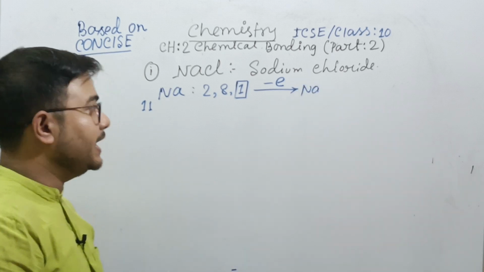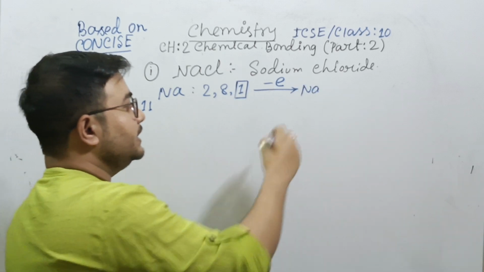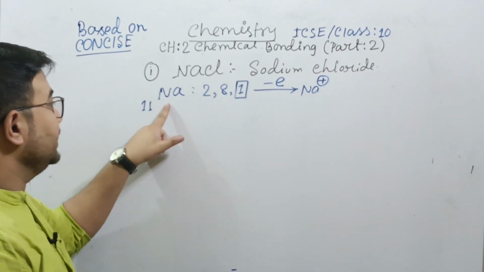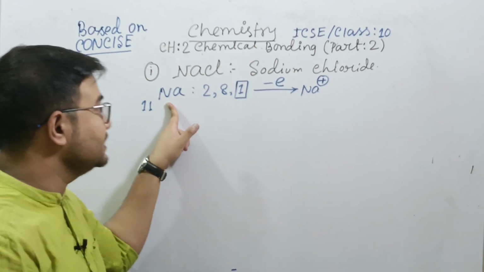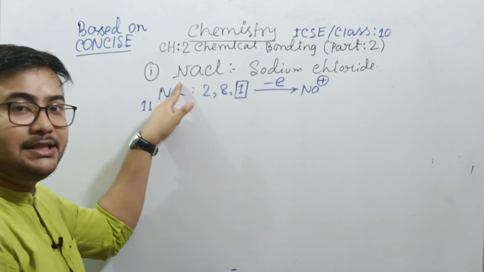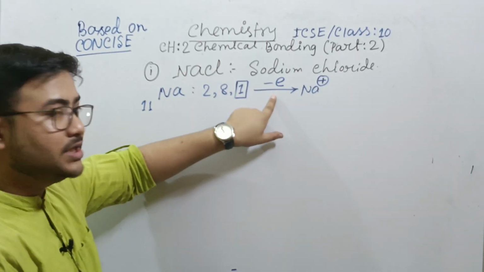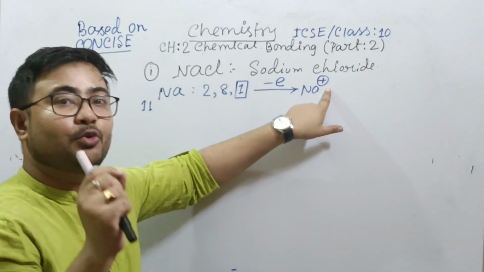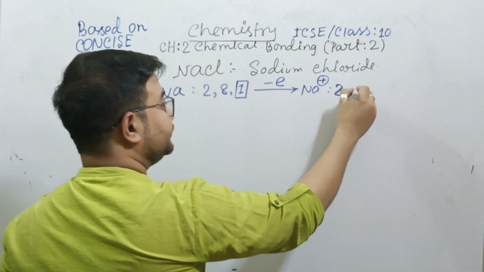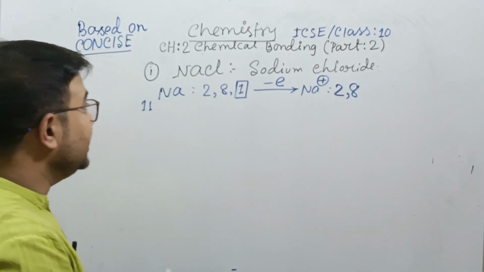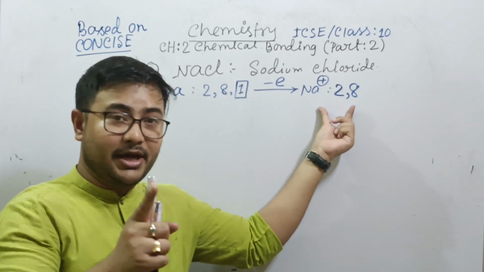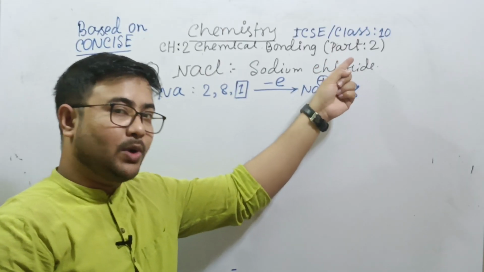I already told you if any atom loses an electron, it gets a positive charge and is called a cation. This is a neutral atom, meaning there is no charge, either positive or negative. But after losing an electron, the atom gets a positive charge and is called a cation. So now it is 2, 8. If sodium tries to lose the electron, it gets stability. Why? I discussed that in the part 1 video.